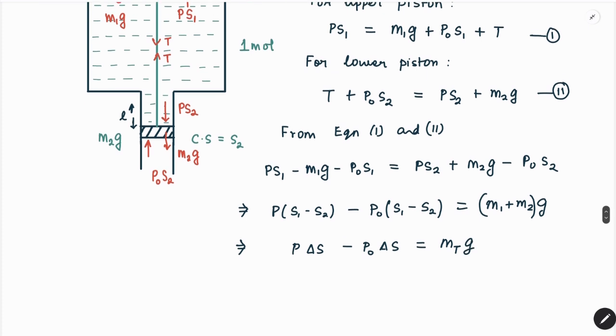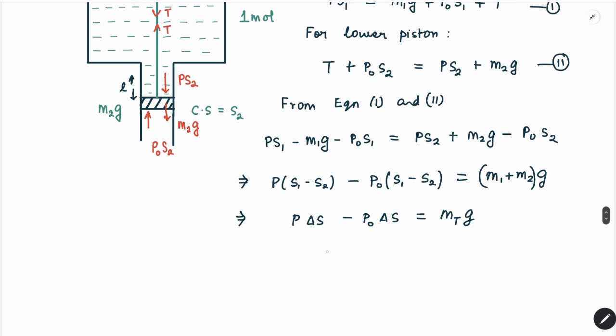And over here we can say that if we write an expression for P, or pressure of the gas which is inside the piston arrangement, then we can say M total G by delta S taken common, plus P0, and this parameter is going to be a constant because over here G is constant, total mass of the piston is constant, delta S is constant, and P0 is constant.